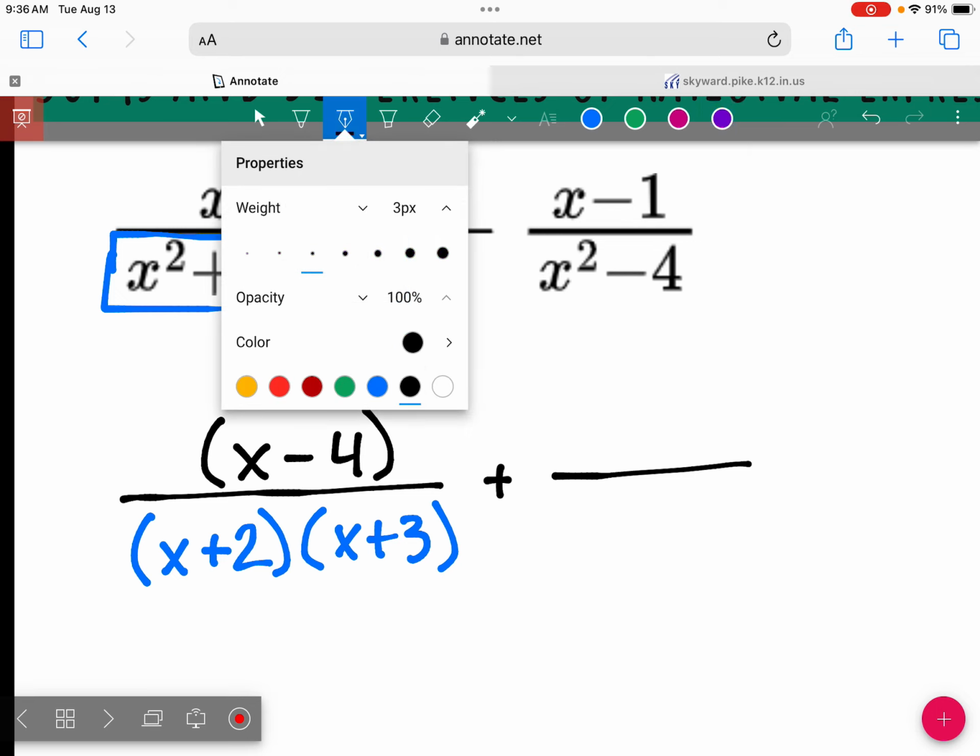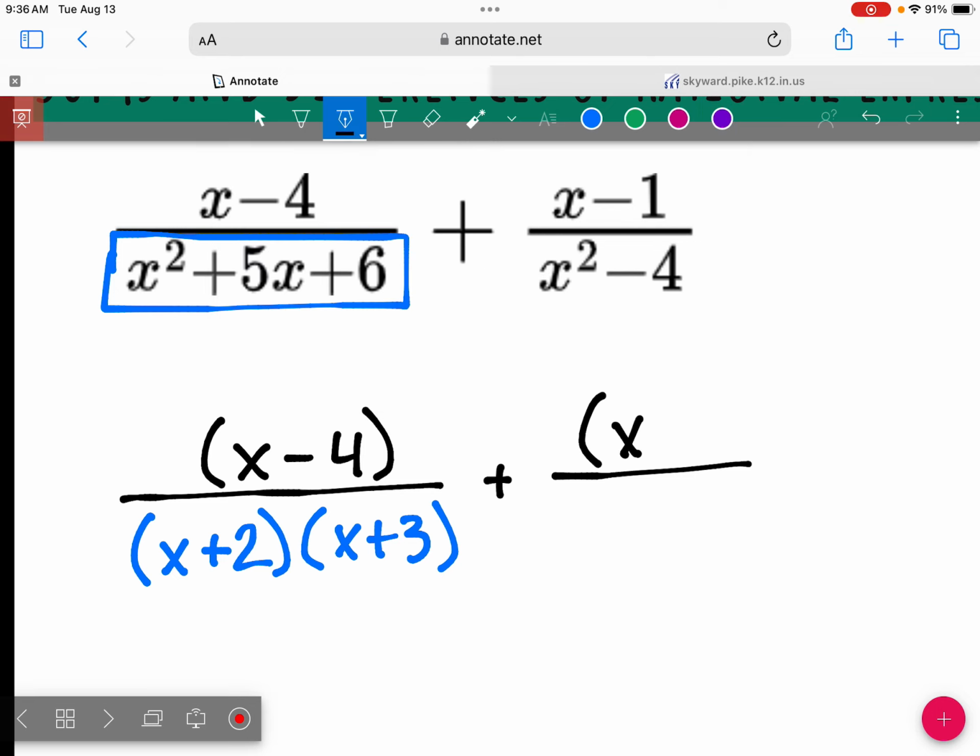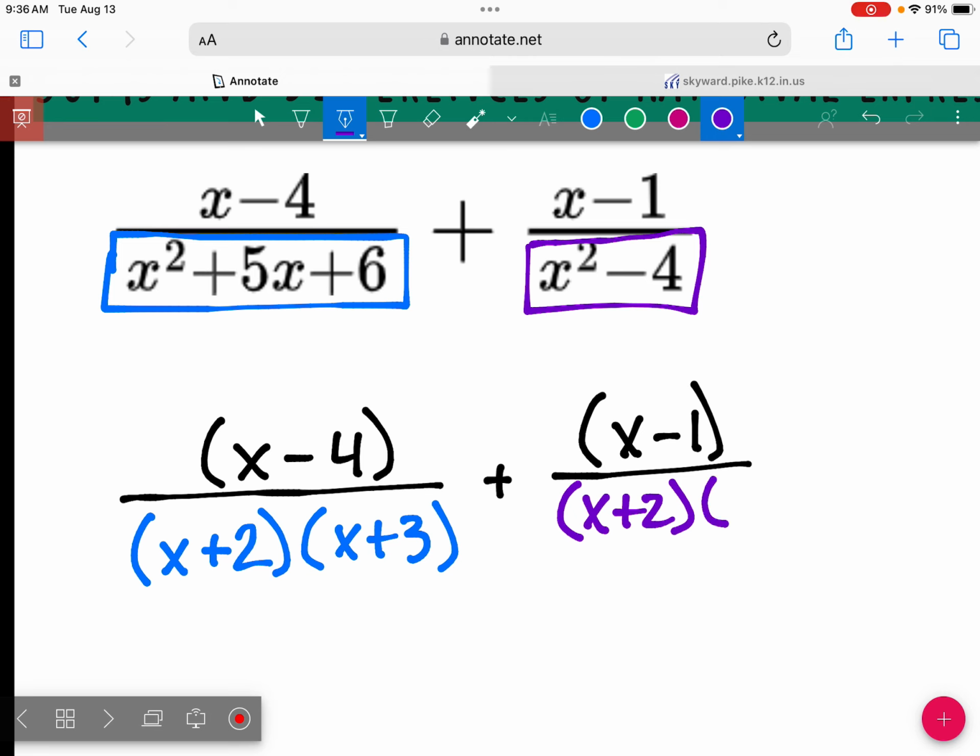It's just going to be what it is. I'm just going to put it in parentheses so we can see stuff. And what's my denominator? This guy factors. X minus 2, x plus 2, or x plus 2, x minus 2. Doesn't matter what order. X plus 2, x minus 2. It's a difference of squares.